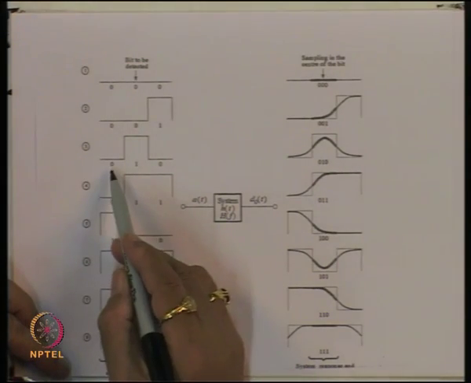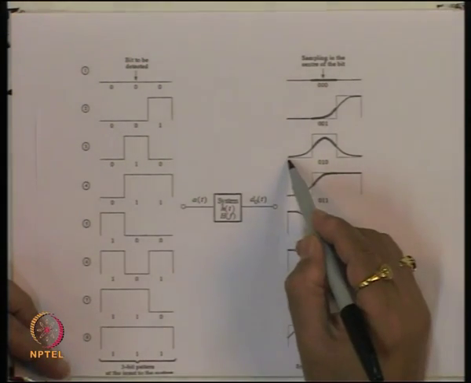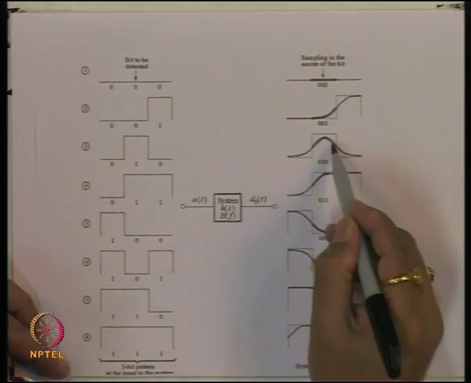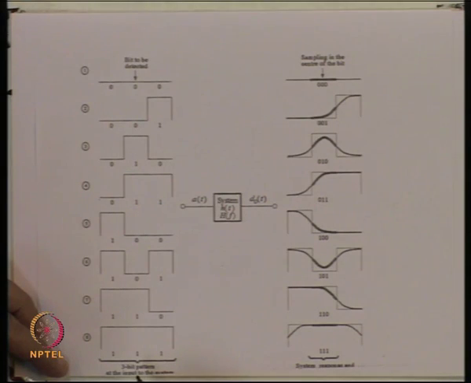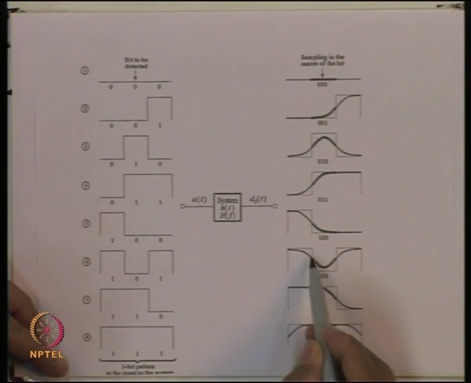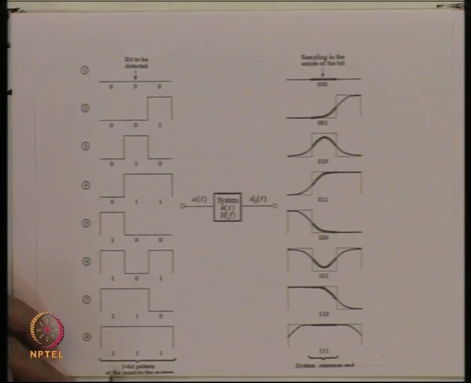If you have a pattern which is 0 1 0, then you will have this edge, then you will have this edge. So, you will get a signal which will look like that. If you are having 1 0 1, then this is 1, this is 1. So, the signal will decrease, but before it reaches 0, again the 1 has come. So, you will get a thing which will look like that. And if you are having a pattern which is 1 1 1, then it will remain practically flat on the top of this.